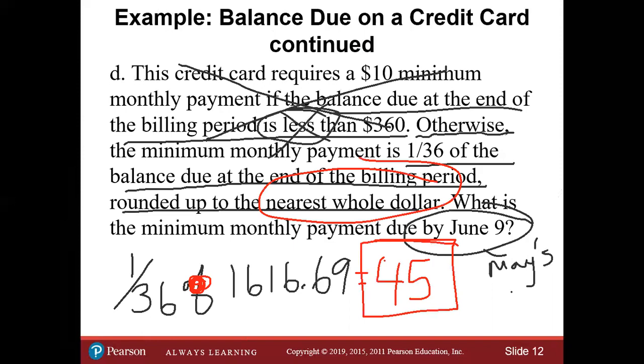Of course, if you have a balance of $1,600 and you're only paying the minimum of $45, the interest included in that $1,600 was already about $19. So you're really only paying for about $25 of the actual charges that are on the card, and you're basically just paying the amount of interest.